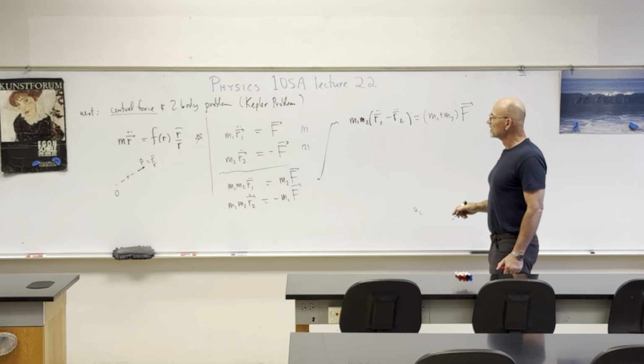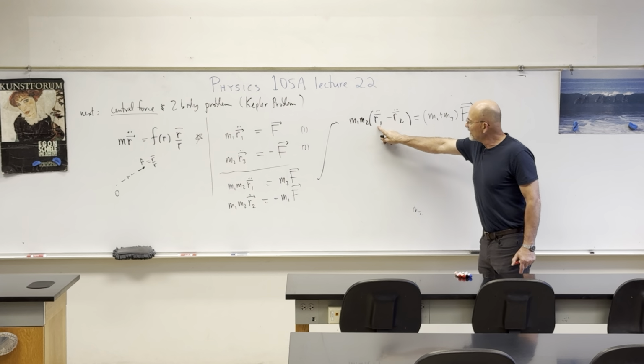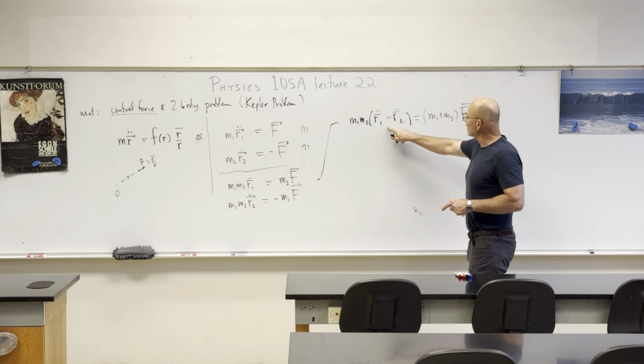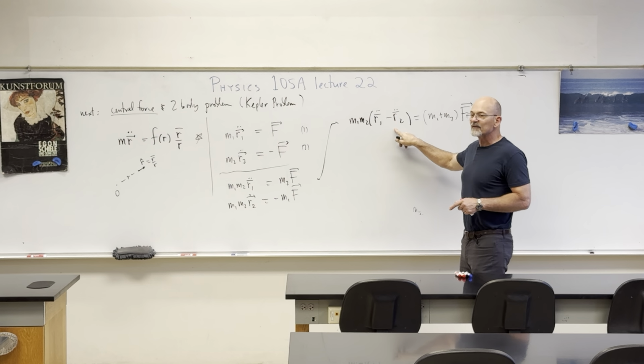And what's the difference of these two vectors, second derivative? Remember, I defined lowercase r as r1 minus r2.